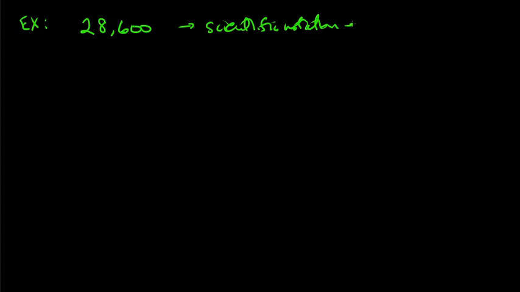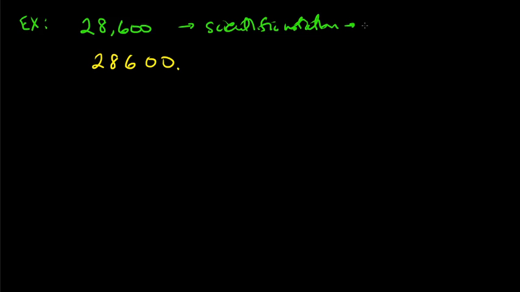So let's just look at some examples, right? So the number 28,600. Okay, nothing wrong with writing that as a number, but what would this be in scientific notation? Well, okay, so let's write the number out in standard notation. The decimal's at the end here, right?